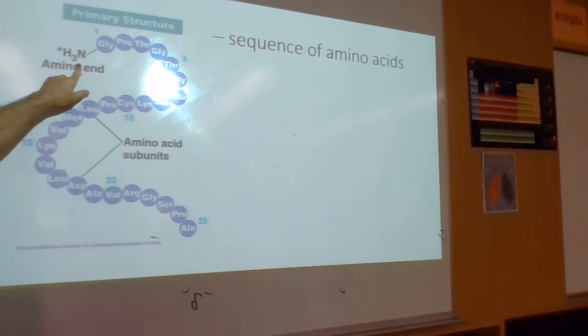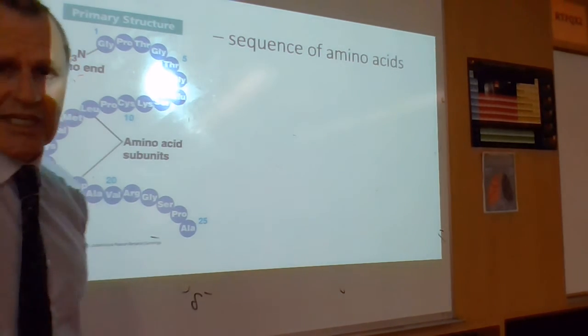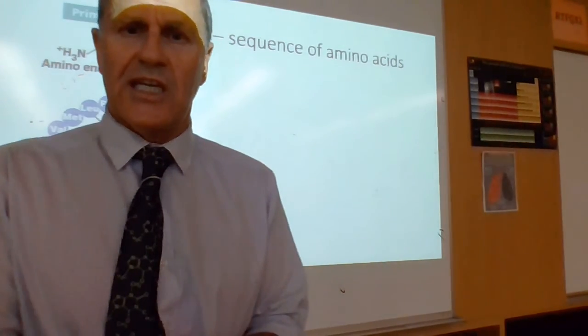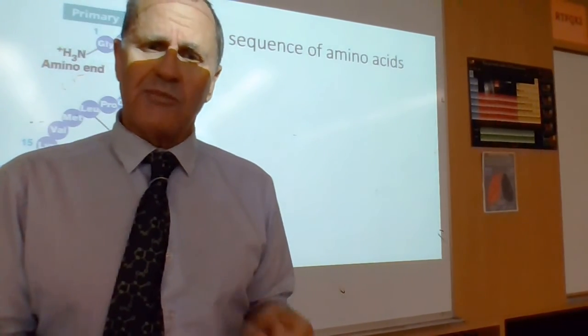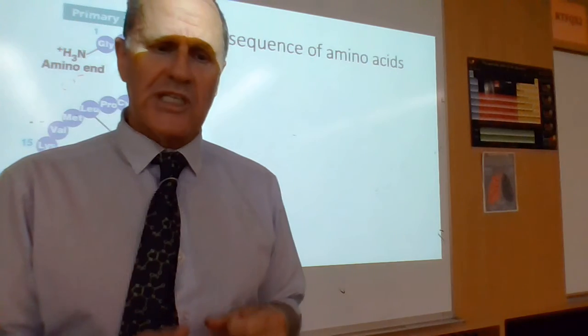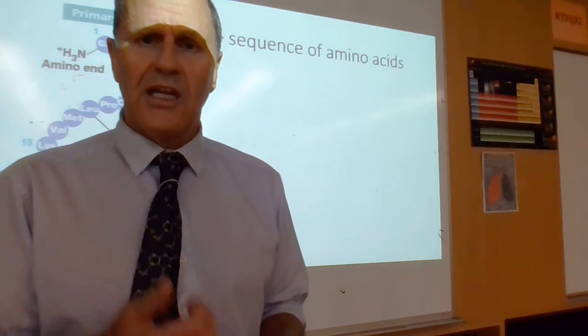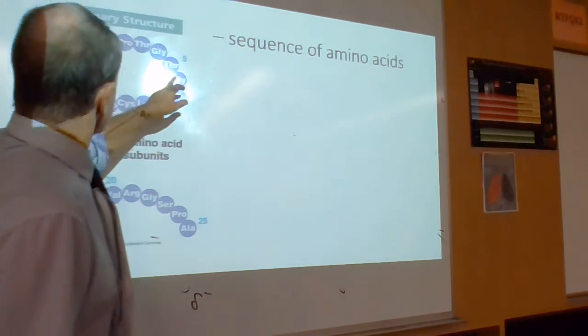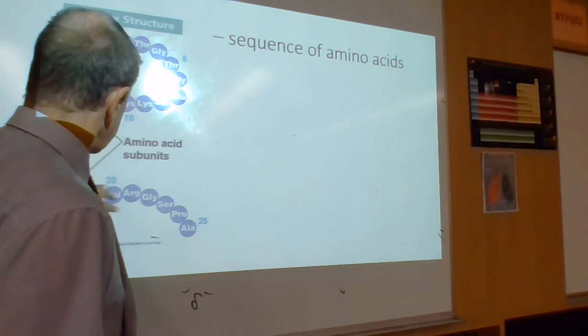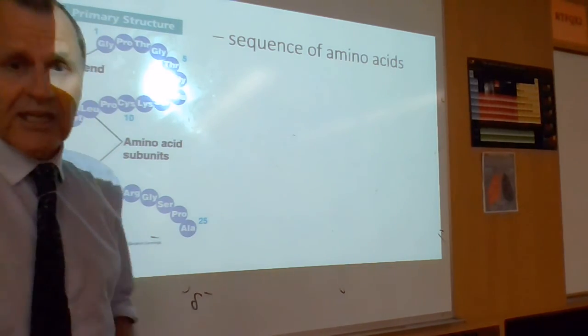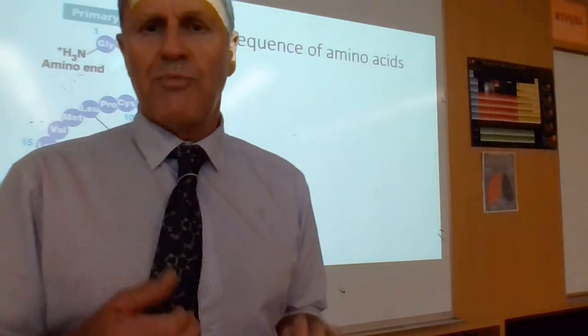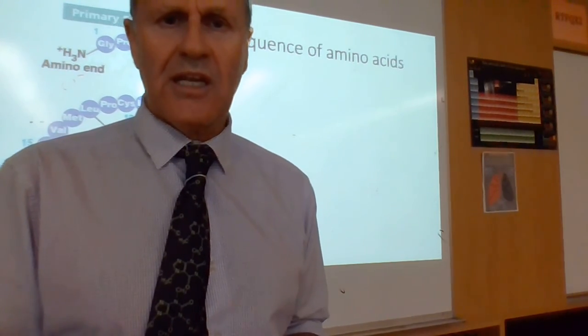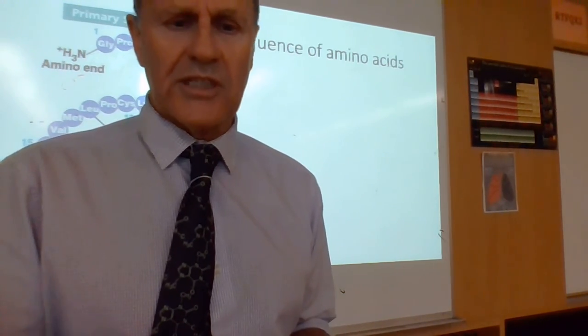And one side is the amino end, and the other side is going to be the carboxyl end. And what we looked at at the beginning of this video was if we've got tiny R groups, such as with glycine, and I don't see any alanine, here's an alanine, then we can produce that repeating sequence of bonds that hold it together.